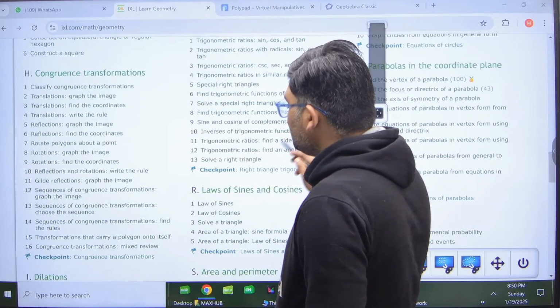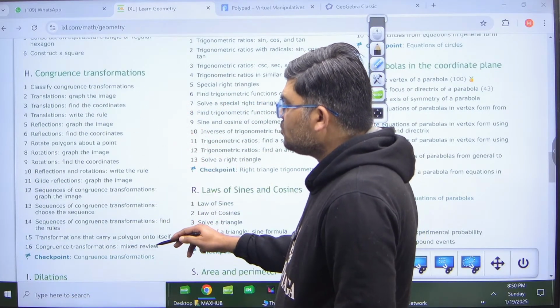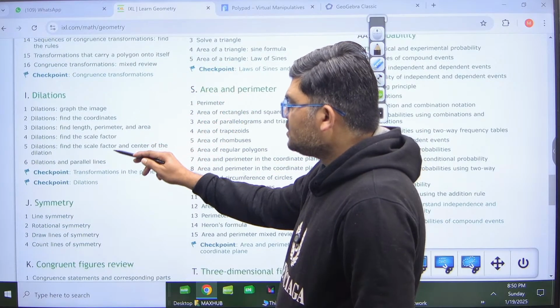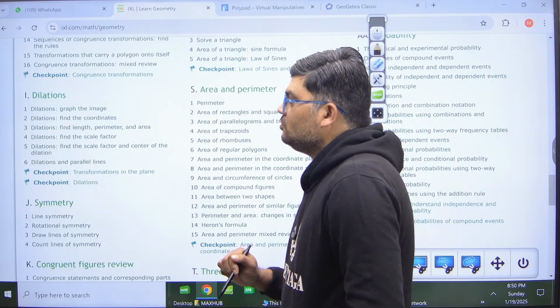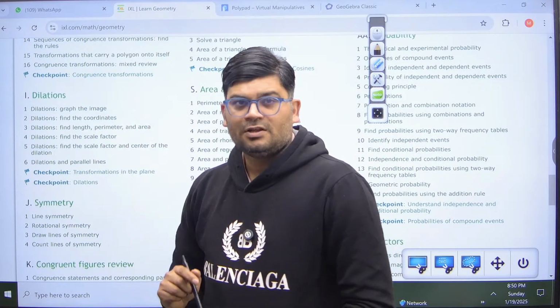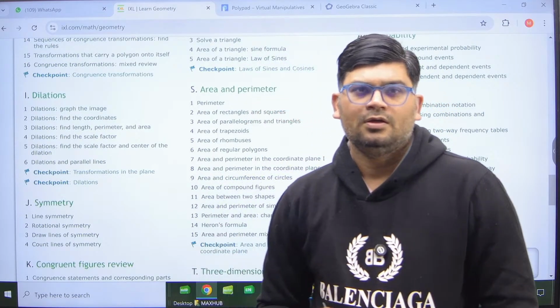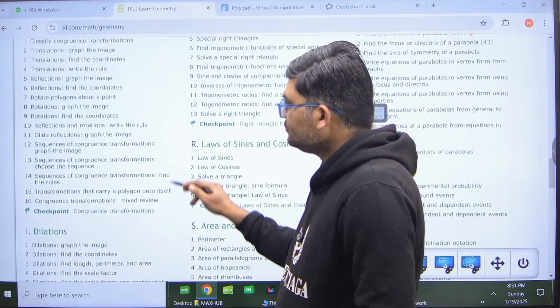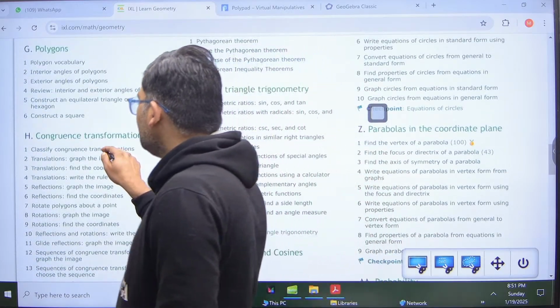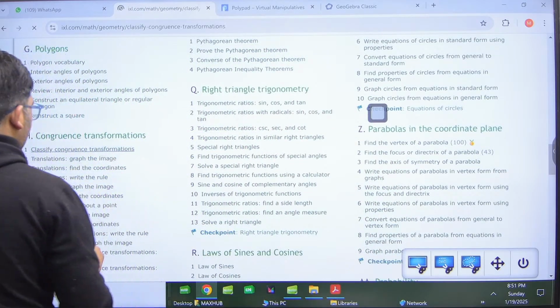There are 16 sheets on congruence transformation, and 6 sheets on dilations. If you do 16 plus 6, there will not be any iota of doubt in transformations for you. So first we will start with classify congruence transformation.